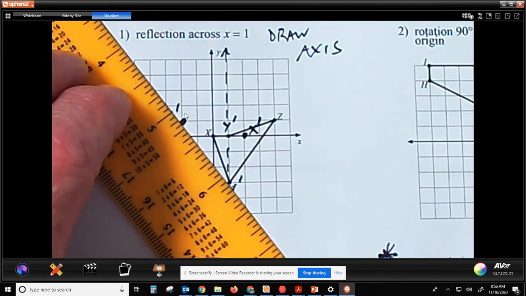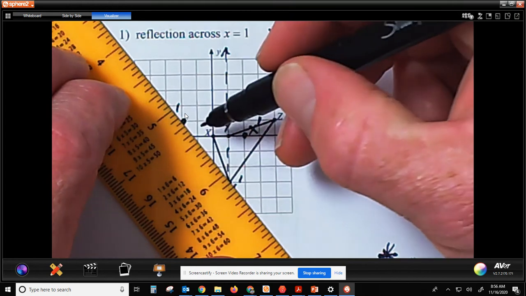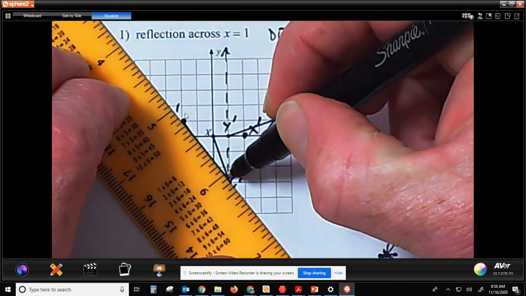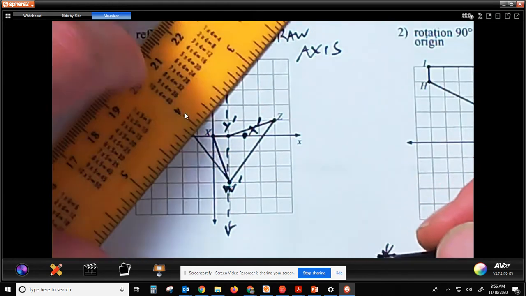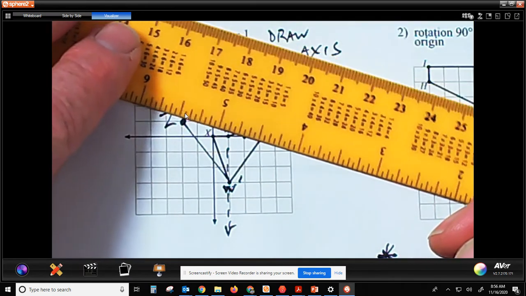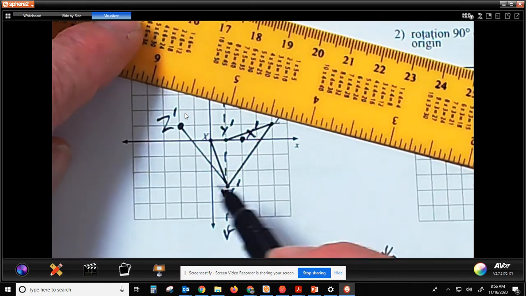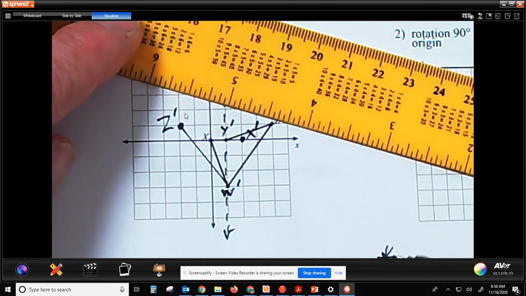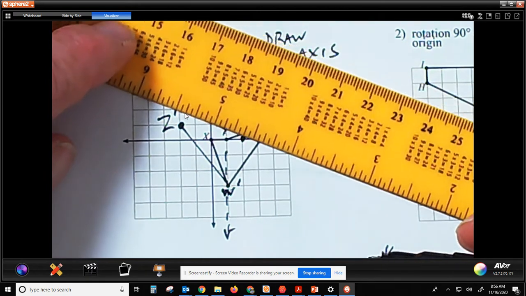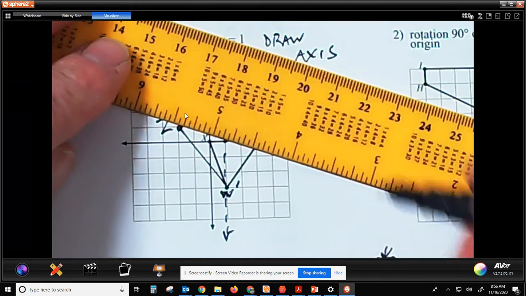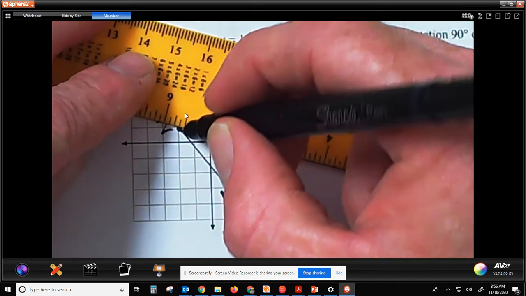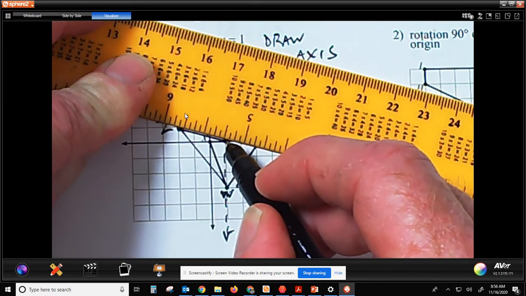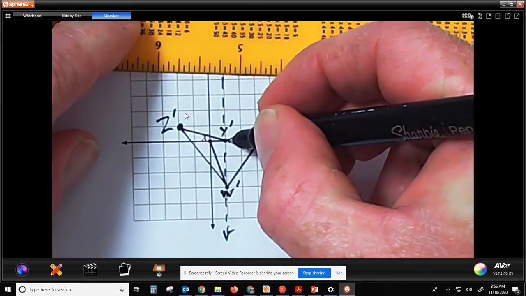And when I draw this, I should see a symmetrical shape that is reflected. Let's see, that goes down through y. And then over there.